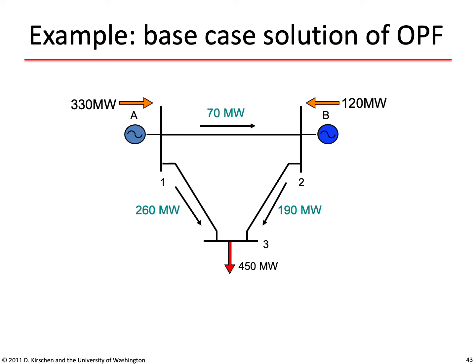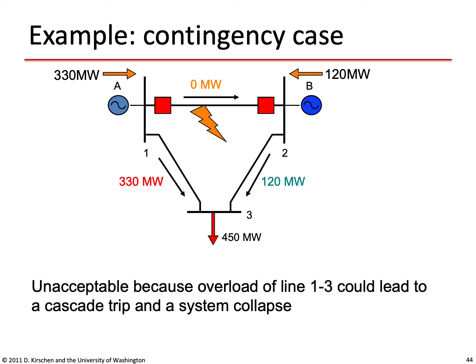So let's go back to a 3-bus example. The base case solution of the OPF is fine because none of the lines is overloaded. But we have to consider what happens under contingency conditions. For example, if lightning strikes the line between bus 1 and bus 2, and this line trips, the 330 megawatts produced by generator A are all going to flow on the line between 1 and 3.